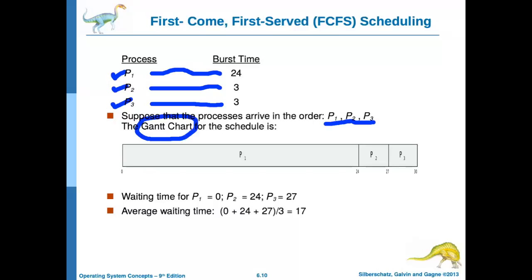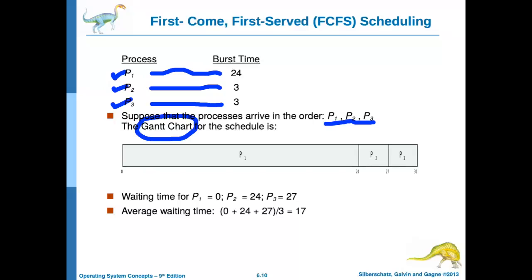It's like a timetable, right? On the x-axis we have time, and on the y-axis usually we have processors, which will be useful when we have multiple cores. Right now, imagine only one processor, and there are three processes P1, P2, P3. They arrived in the order P1, then P2, then P3. Then this is the Gantt chart.